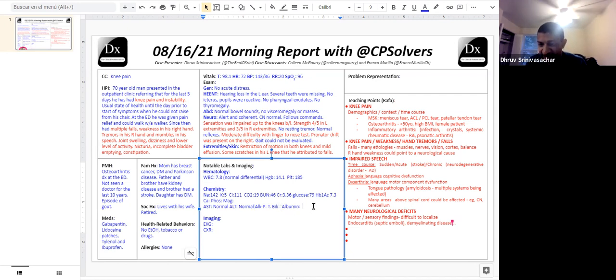We did get a lipid panel on him, and the lipid panel showed elevated triglycerides, elevated LDL, and low HDL. But the cholesterol was within normal limits. And then on CT scan, there was no acute intracranial process.